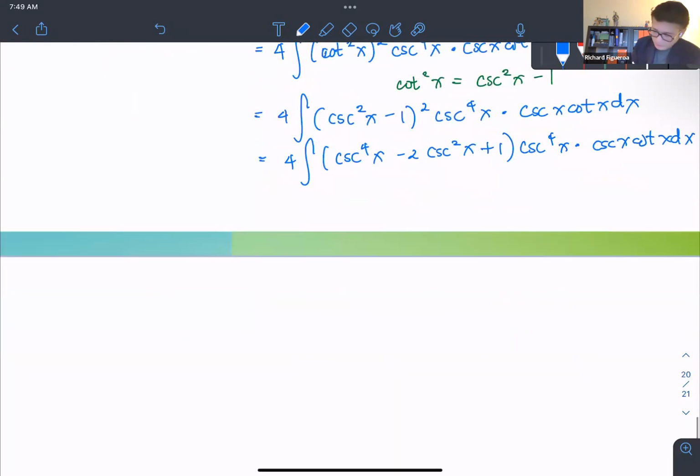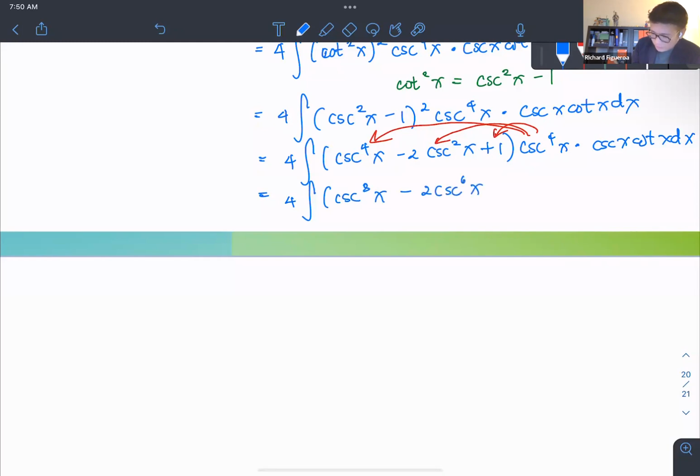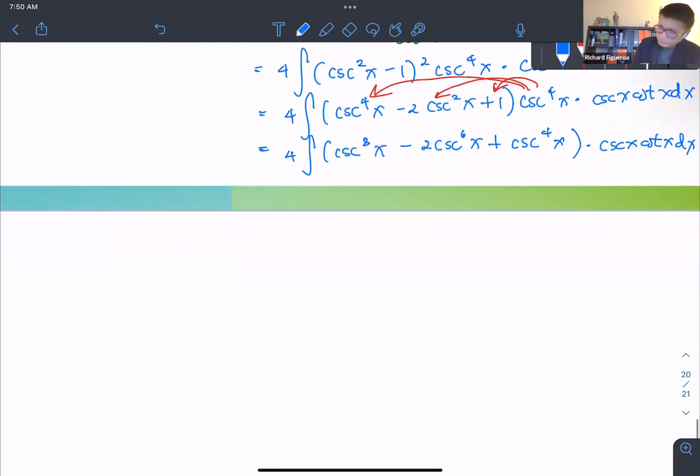So then we distribute. I'll distribute this one to the 3 terms. I'll have 4, the integral of cosecant to the 8x minus 2 cosecant to the 6x plus cosecant to the 4th x. And multiply it with cosecant x, cotangent x dx. But then, we separate each.